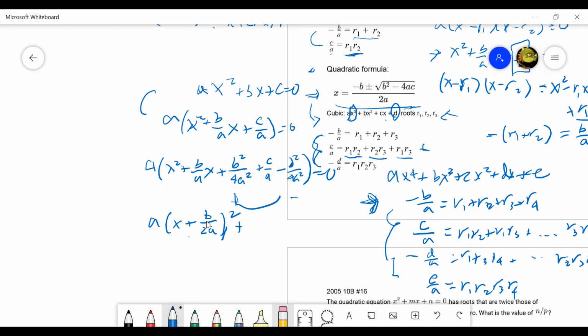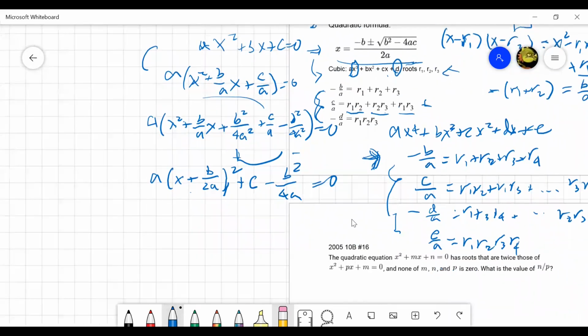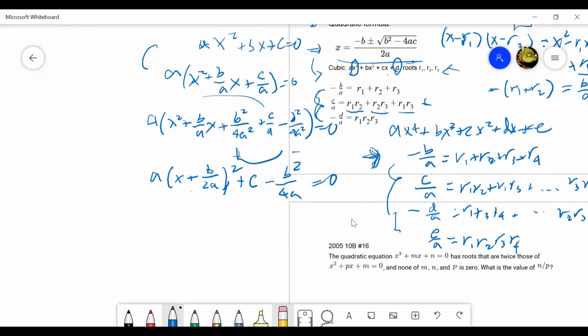So we'll just distribute it out of the parentheses, and we're just left with this. All right. So now afterward, we just have to isolate the x and the b over 2a.